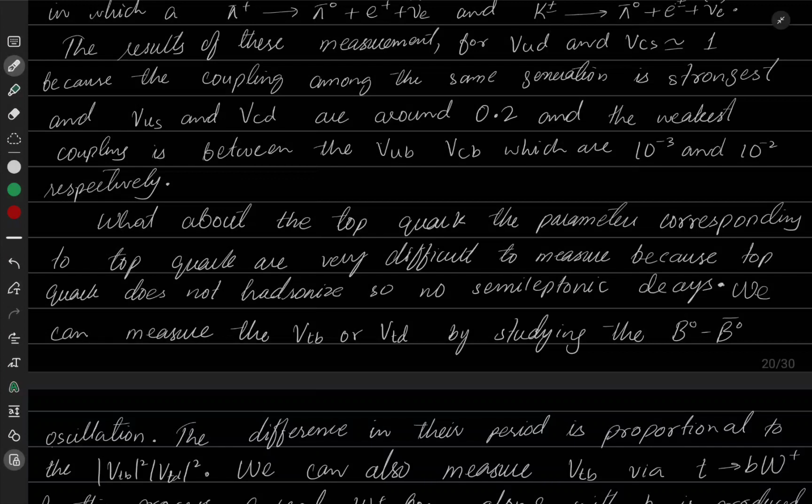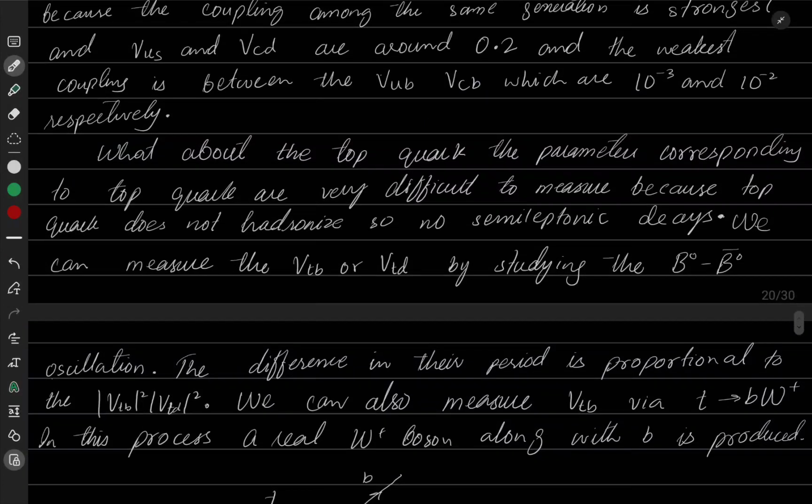It is actually the heaviest particle in the whole standard model, having a mass of 174 GeV. So we know that the decay width is proportional to the mass, so its lifetime is very small. So we say that it does not have any time to hadronize.